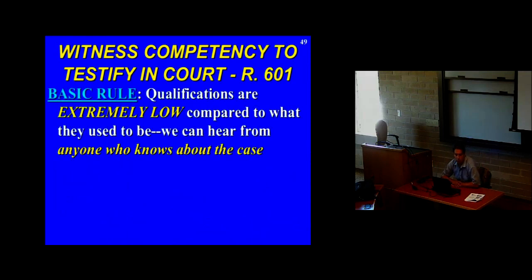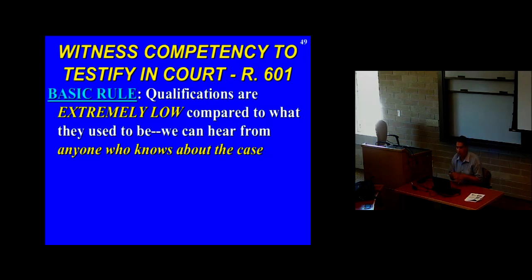And the basic rule is a qualification rule. Witnesses need to be qualified or competent to testify in court. Now, having said that, the rule is extremely low to qualify to be a witness.